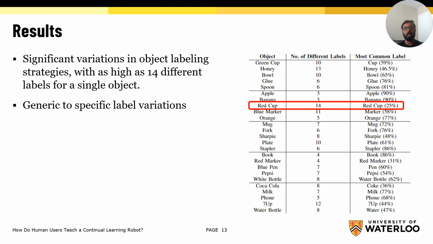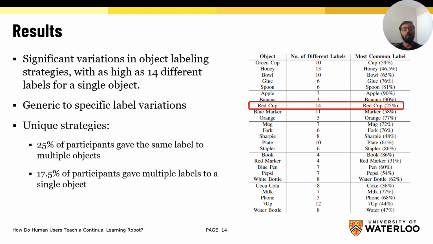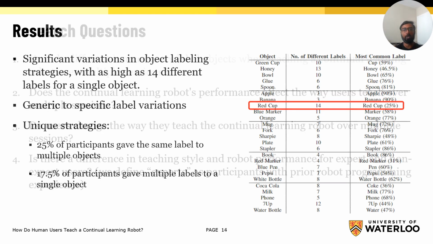So for example, generic labels could be apple, banana, or specific labels could be red toy apple. We also noticed some unique labeling strategies. So for example, some participants gave the same label to multiple different objects, and then some participants gave multiple labels to a single object in their interaction with the robot.